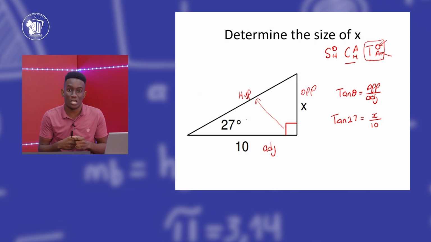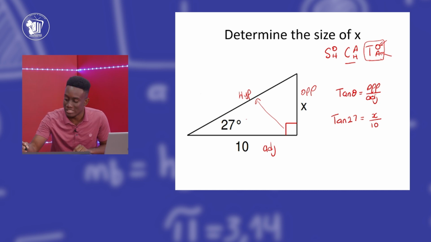In order for us to solve for x, all we need to do is get rid of this 10 that is dividing. So when we take that 10 over the equal sign, it will do the opposite of what it was doing, which is to multiply. So since it was dividing, and we take it over, it will multiply. So we'll have 10 multiplied by tan 27, and that is equal to x.